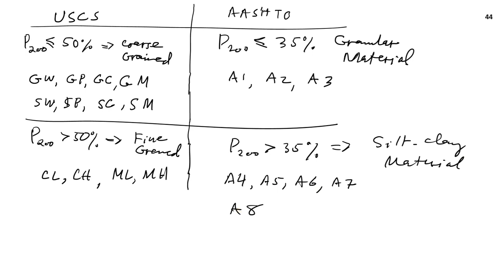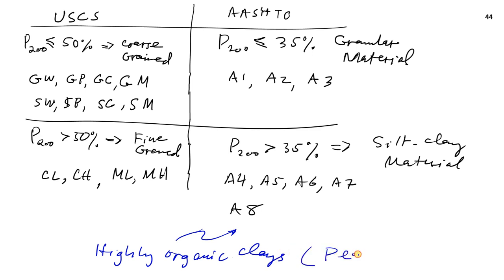Group A8 is mostly the highly organic soils, the soils which have a very high percentage of organic material, highly organic clays. They are called peat, P-E-A-T.